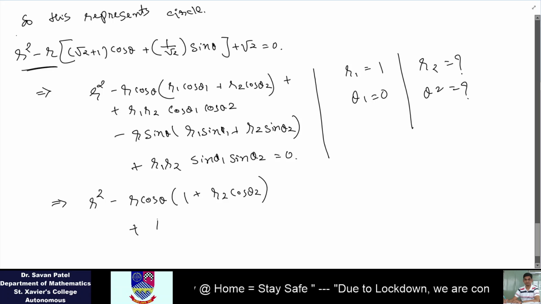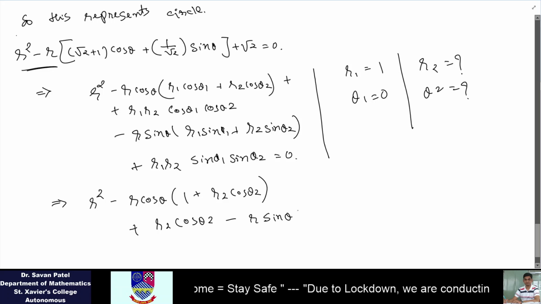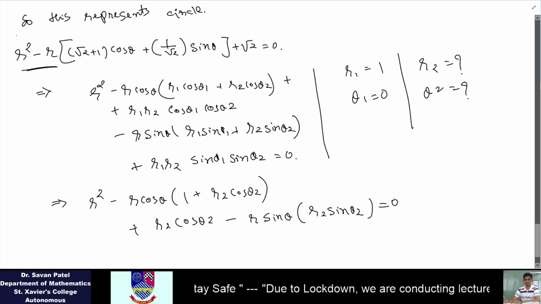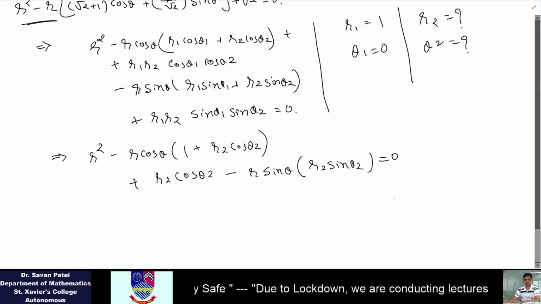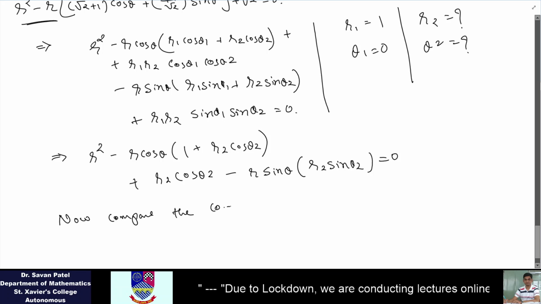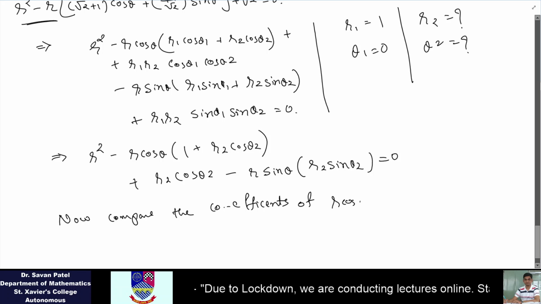So it is r2 cos theta 2 minus r sin theta, in bracket r1 sin theta 1. Sin 0 is 0, so there is just r2 sin theta 2. Here again sin 0 is 0, so everything is going to be 0. So compare the coefficients of r cos theta and r sin theta.